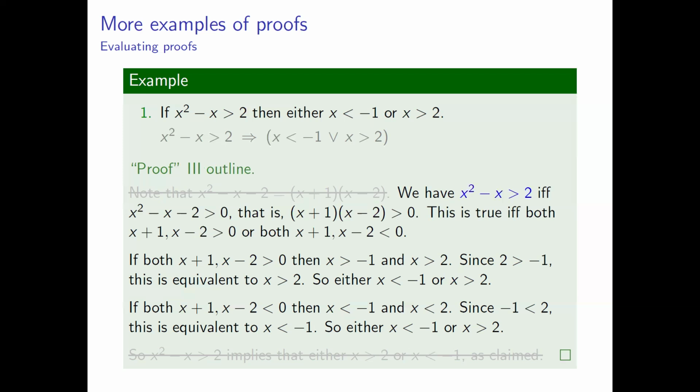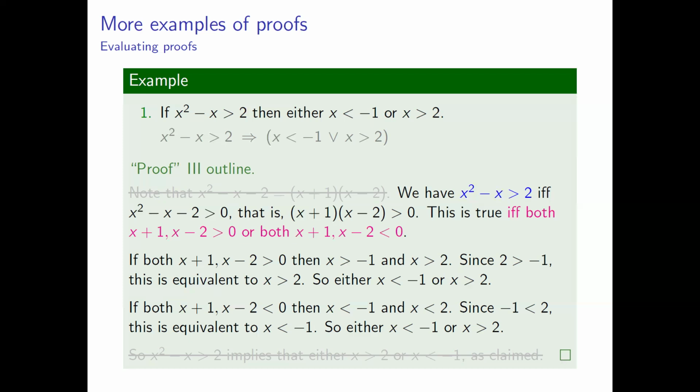The argument in the first paragraph begins with the statement x squared minus x is greater than 2. It concludes that this is equivalent to the statement: both x plus 1 and x minus 2 are positive, or both x plus 1 and x minus 2 are negative. Notice that this is a disjunction.